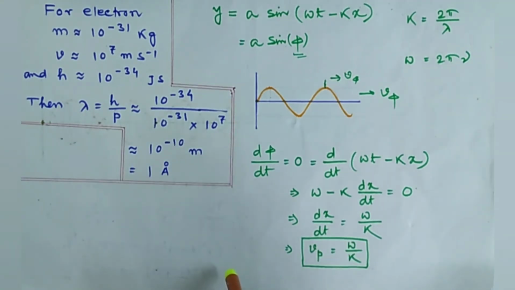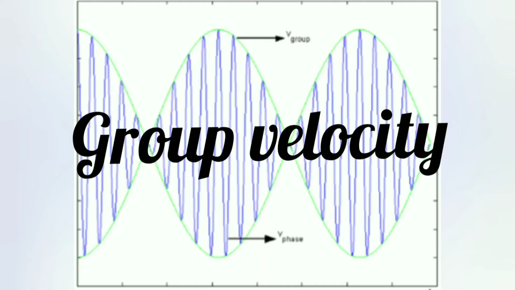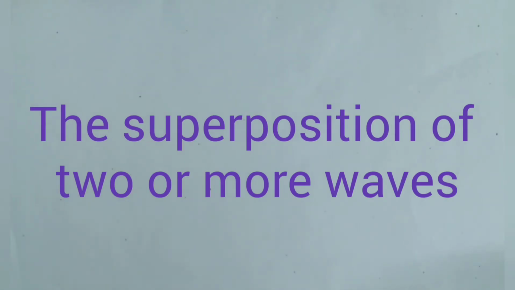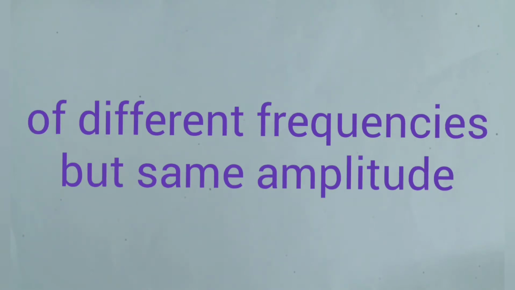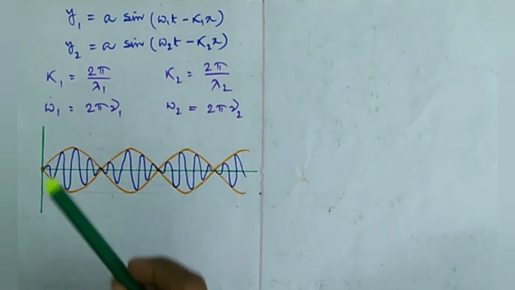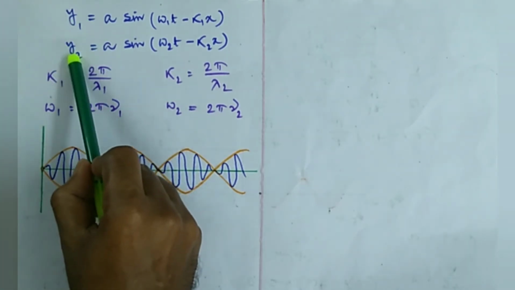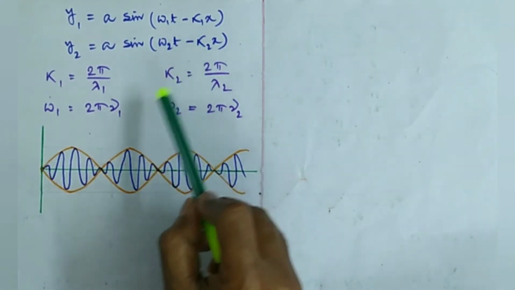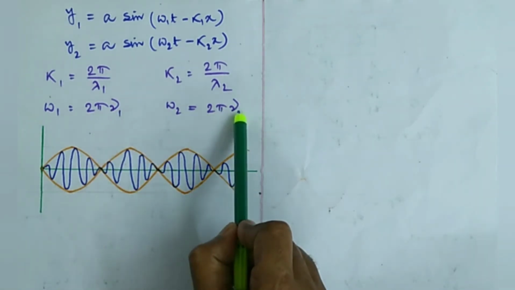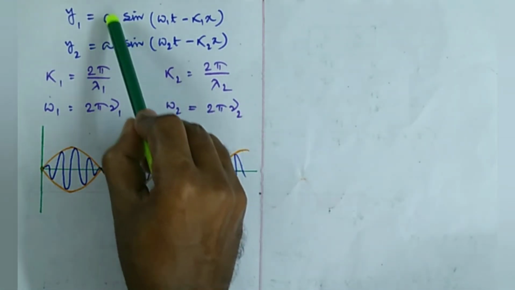Now we shall discuss the group velocity of the wave. The superposition of two or more waves of different frequencies but same amplitude creates a group of waves which is known as a wave packet. For simplicity, here we consider the superposition of two waves y1 and y2 of slightly different frequencies nu1 and nu2 having same amplitudes a.